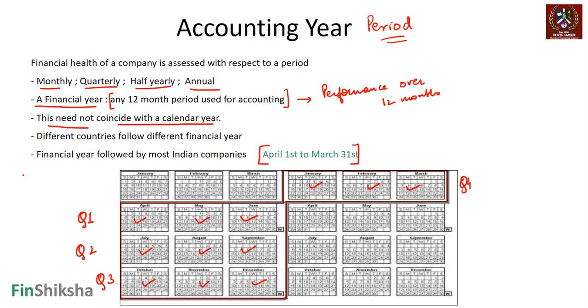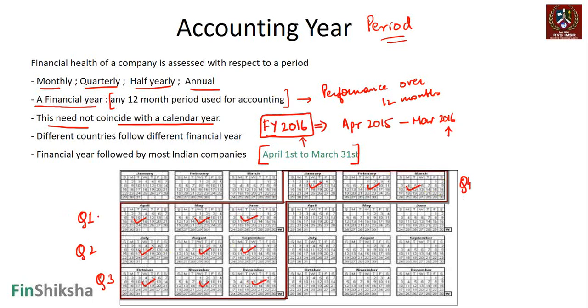When someone says financial year 2016 in India, this means starting from April of 2015 and going on till March of 2016. So 2016 is where you end the year.